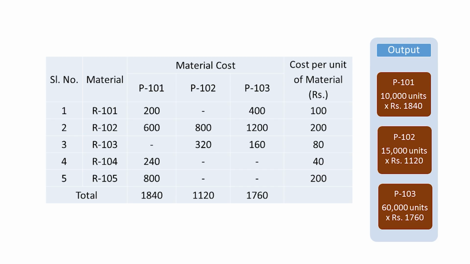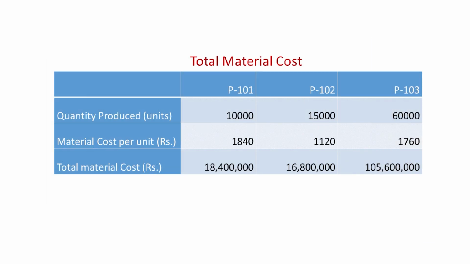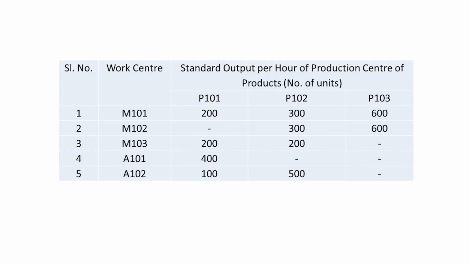The material cost for the month can be computed by multiplying the cost per unit and output quantity. Total material costs are 18.4 million for P101, 16.8 million for P102, 105.6 million for P103.